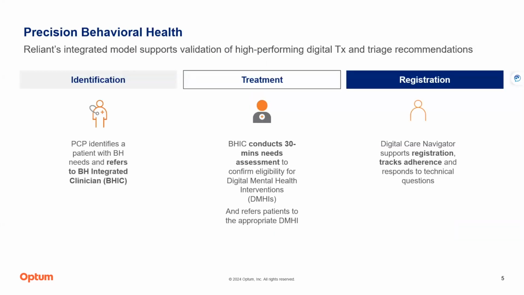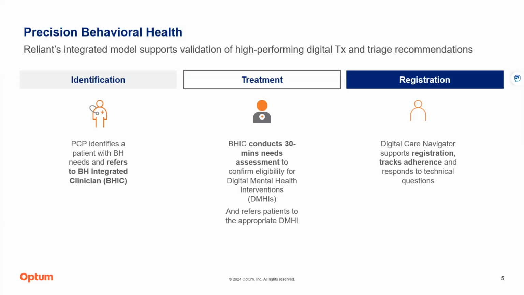To briefly give you an overview of the patient flow, at the time that we had pulled this data, a primary care provider may identify a patient with behavioral health needs and would refer a patient to one of our behavioral health integrated clinicians. These clinicians would meet with patients for 30 minutes to determine eligibility for digital mental health interventions.